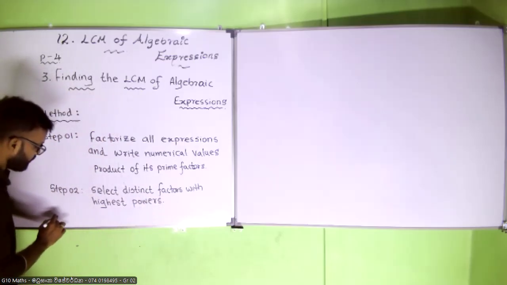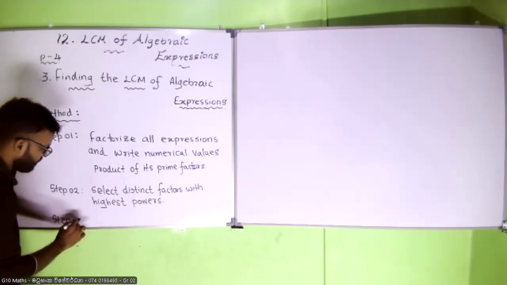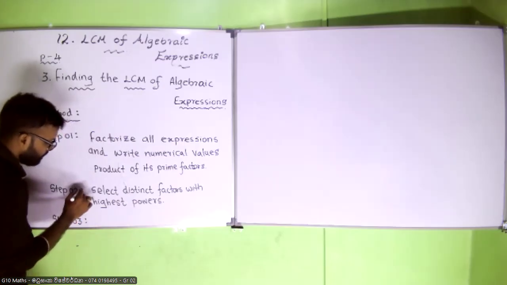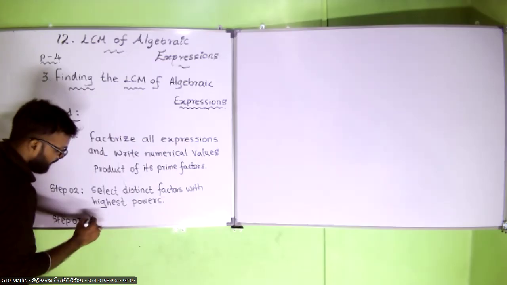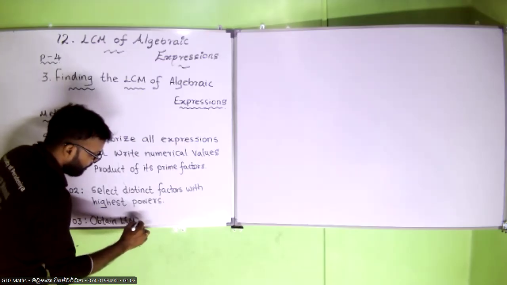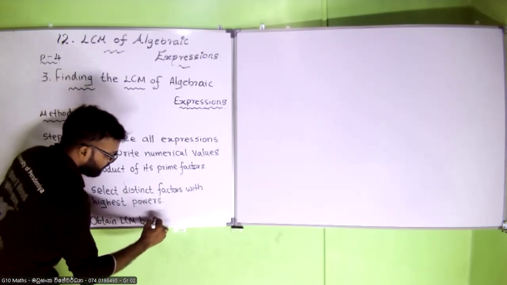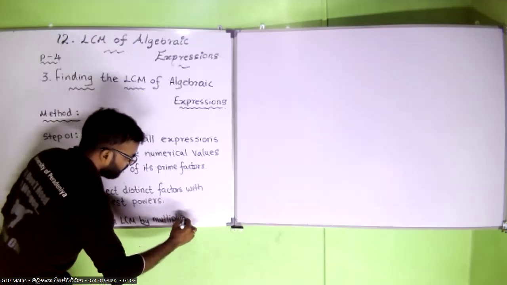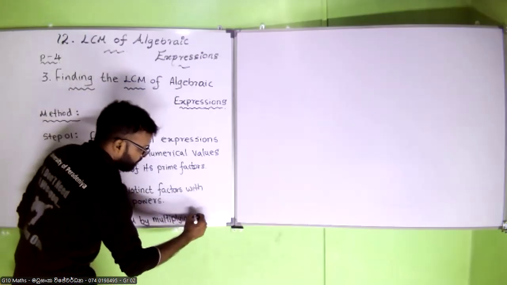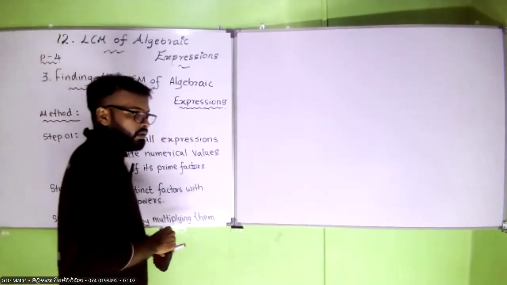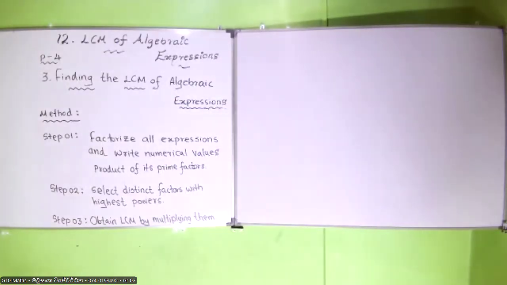You know step number 3. Obtain the LCM by multiplying them together. That's it.